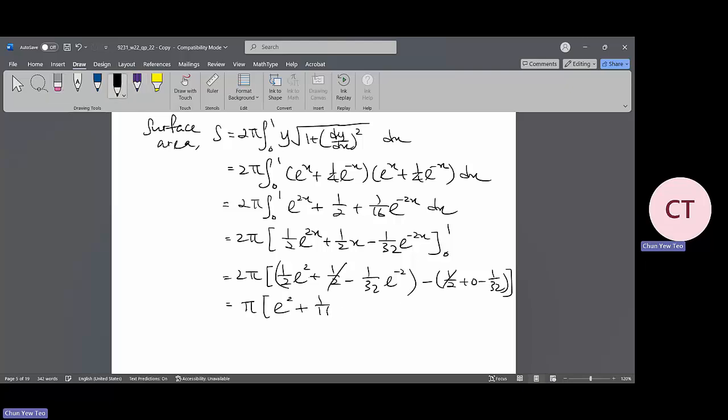You just put a 1 over 16 here. Then at the end, this one will be negative 1 over 16 e^(-2). Okay, so you can leave the answer like that, no problem. But of course, you can also make it become e² minus 1 over 16 e^(-2) plus 1 over 16. That is up to you. So I think until here is good enough.